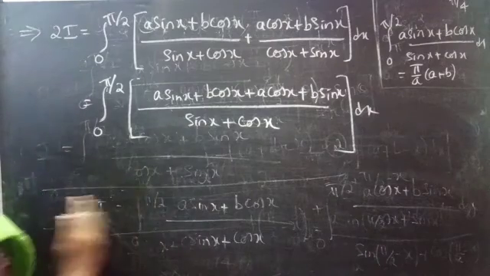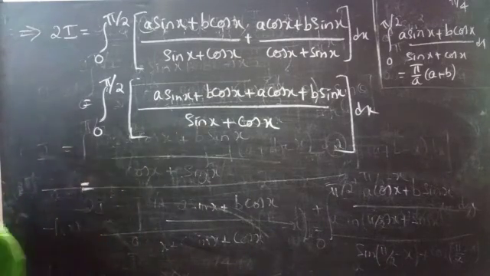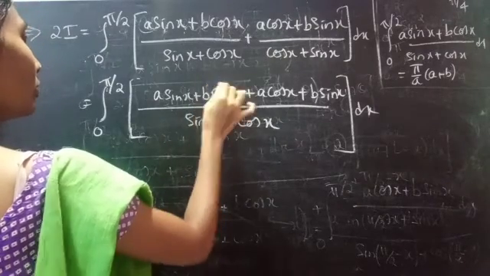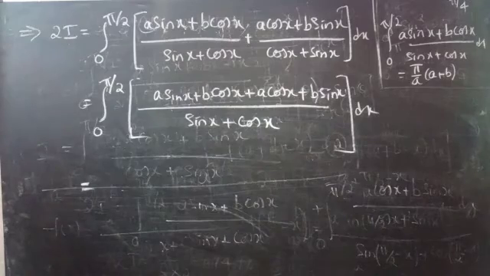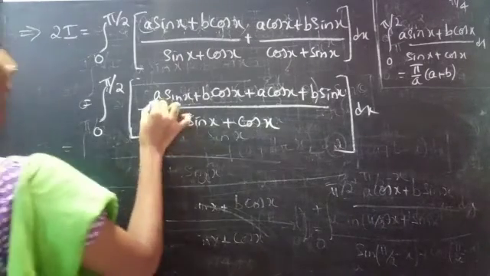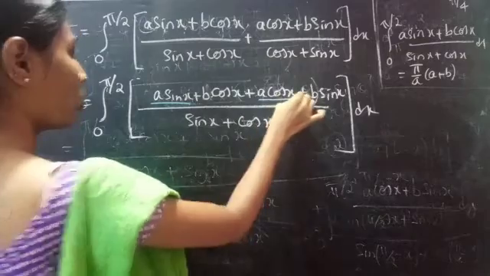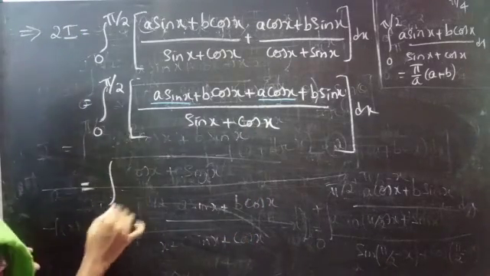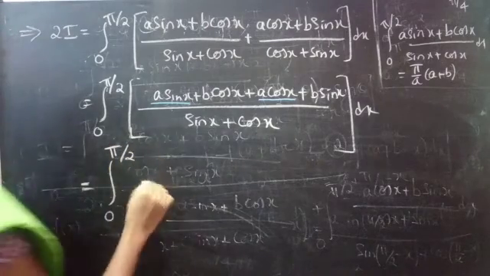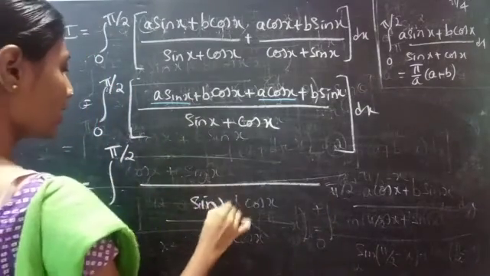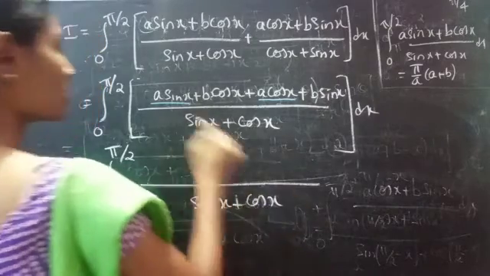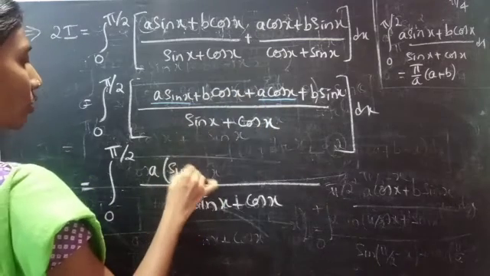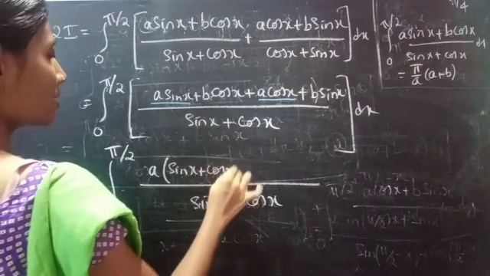So this equals a sin x and a cos x; if you consider these two, you can take a common, giving a into sin x plus cos x.